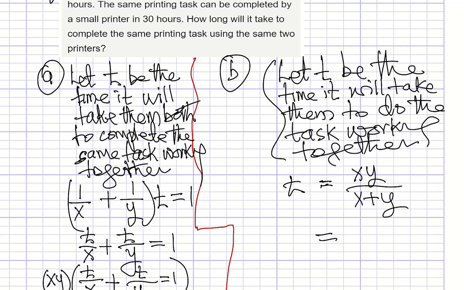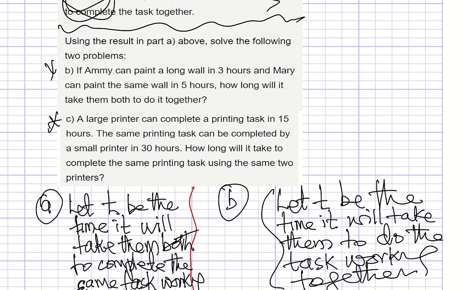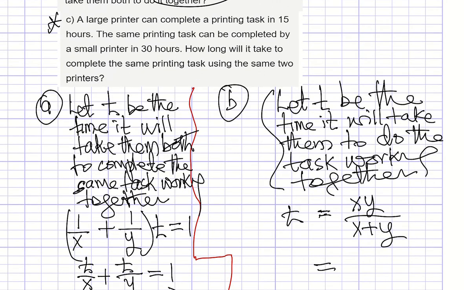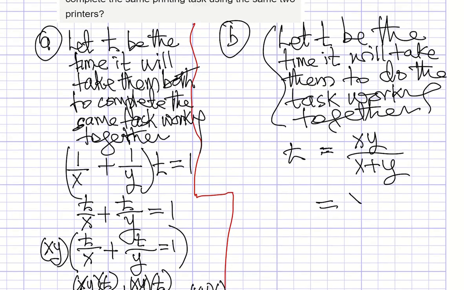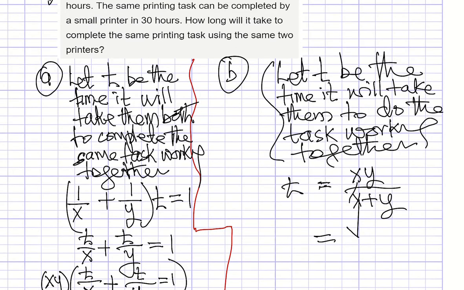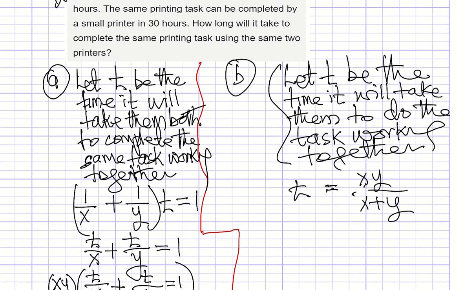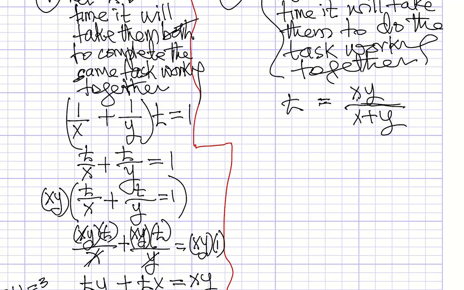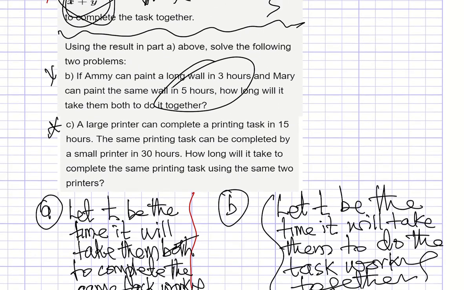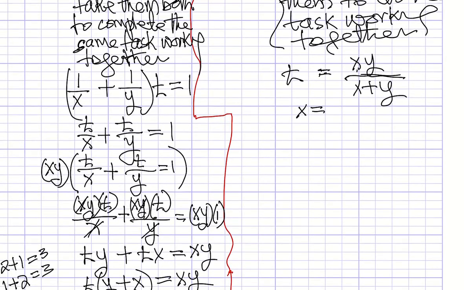Okay, so you see here in our situation, you can say x, choose what you want to choose. x is equal to 3, y is equal to 5.